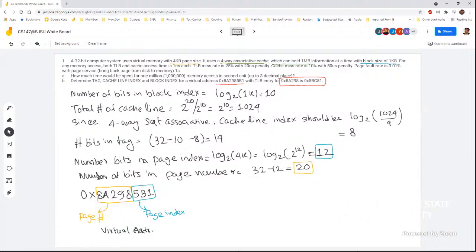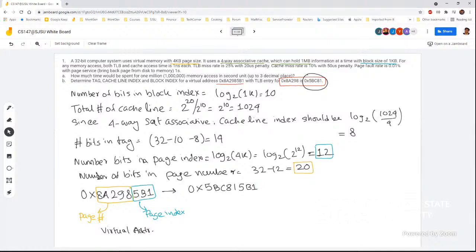And my physical address, that means it's going to be 0, 5BC81. That is from this map, okay? And then followed by the page index, 5B1.